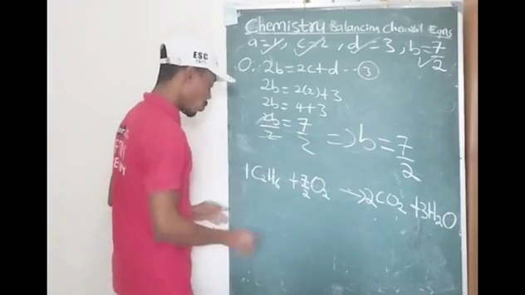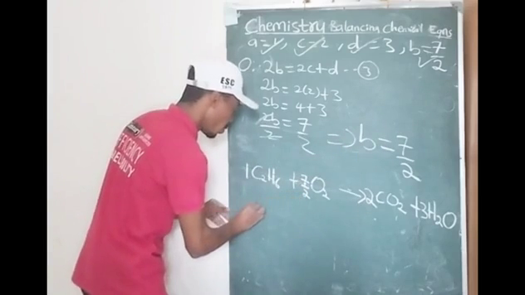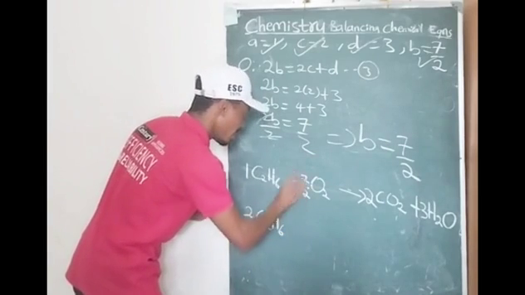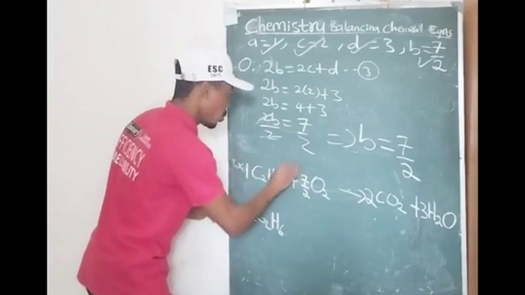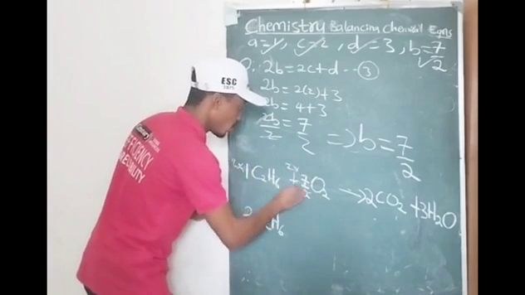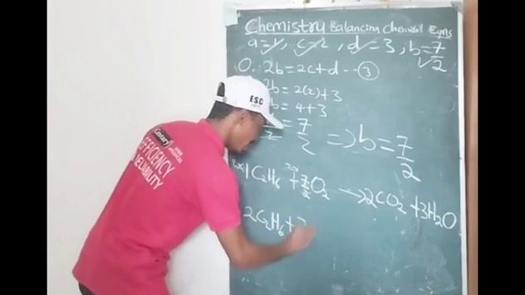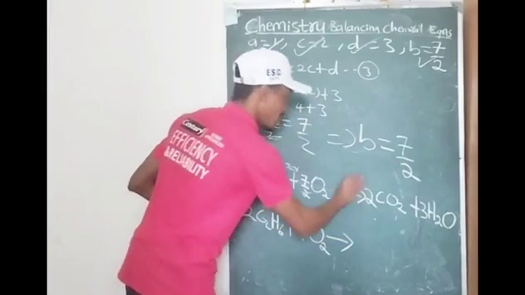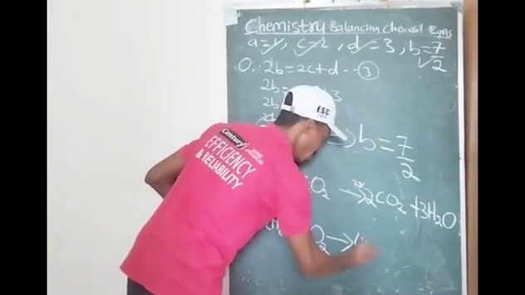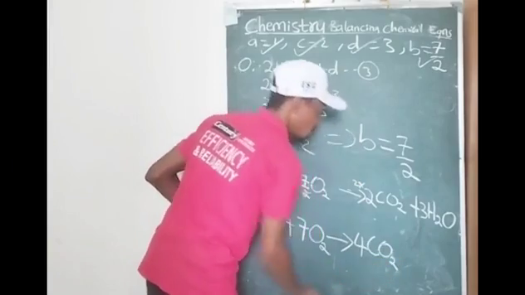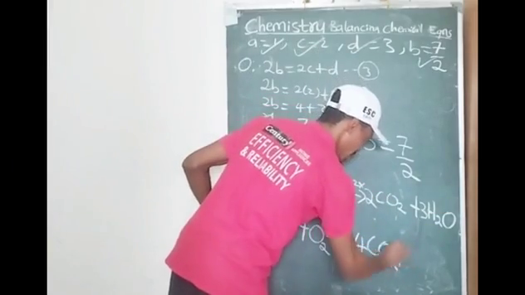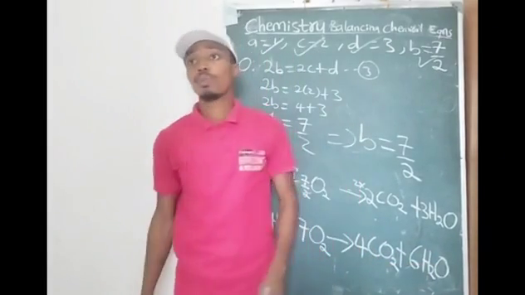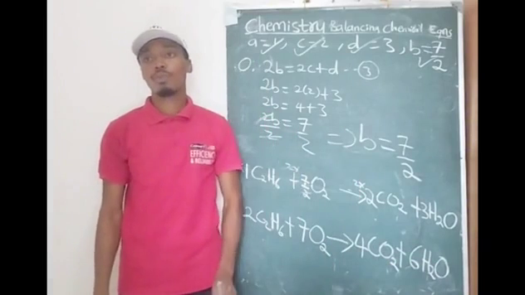So we're going to multiply all by the LCM, which is 2. So this is 2C2H6, 7O2, 4CO2, and 6H2O.